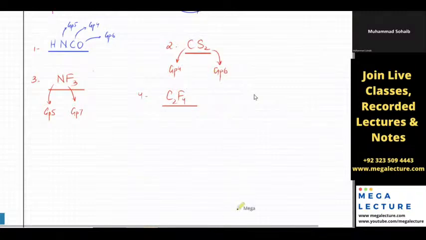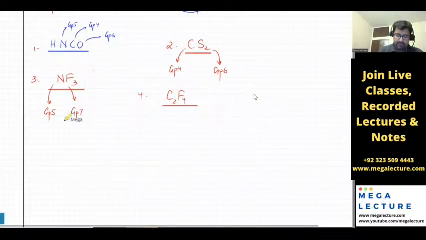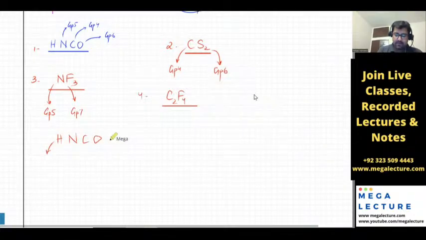HNCO. ठीक है, HNCO मैं चेक भी कर लूंगा, पता नहीं सही भी लिखा है कि नहीं लिखा. HNCO, that's... अच्छा, how many bonds does H make? H only makes one bond, right? उसका बताओ, how many bonds will N make?